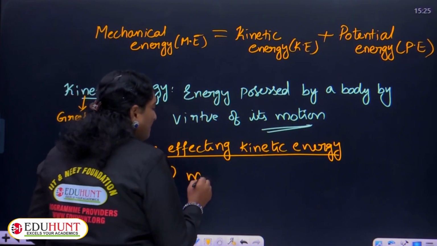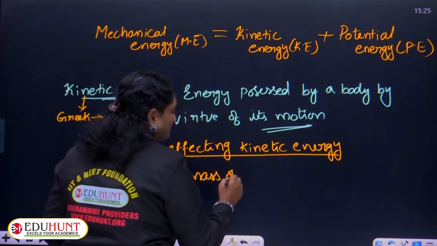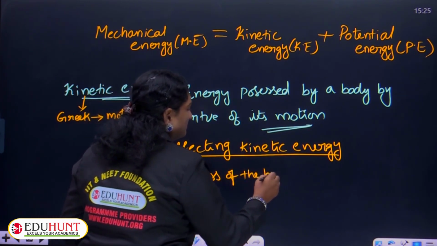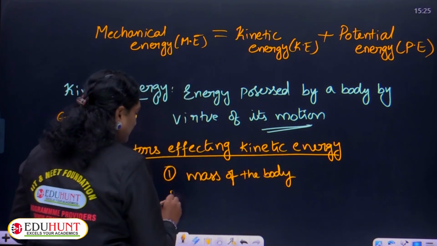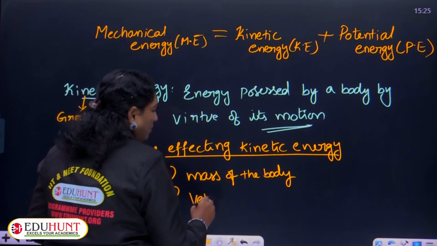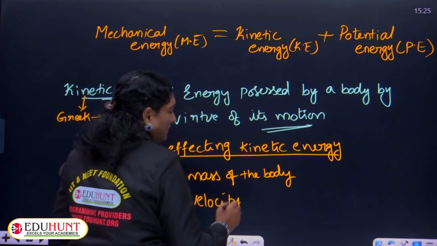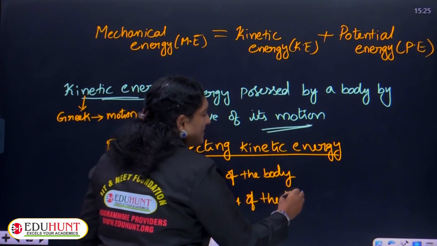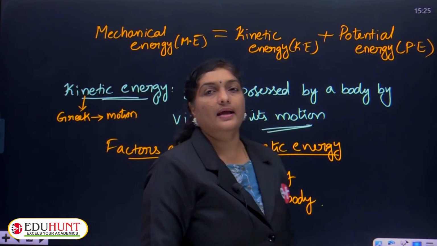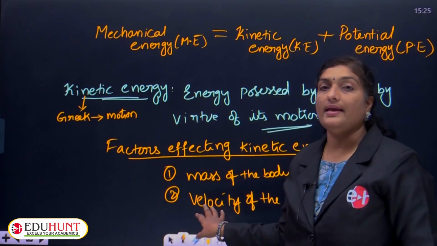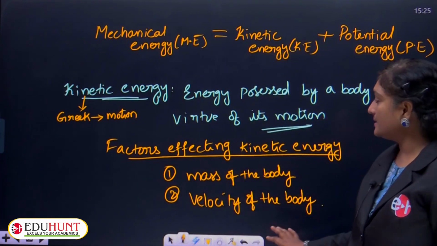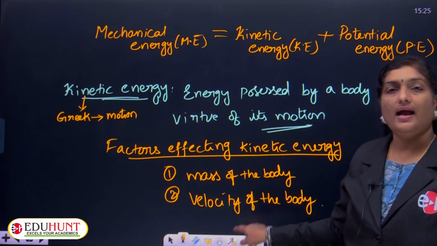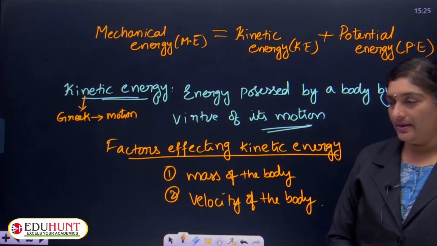One is the mass of the body, and the next is the speed or velocity with which the body is moving. So these are the 2 main factors that affect the kinetic energy of a body: the mass of the body and the velocity of the body.